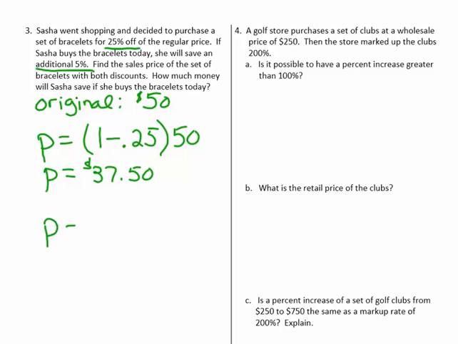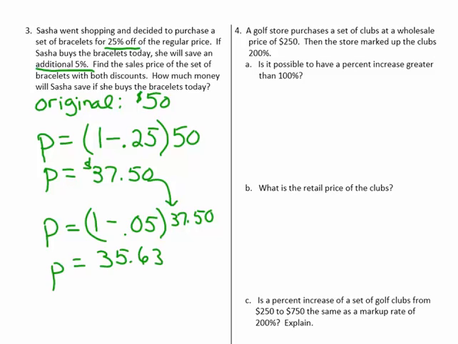So my part, 1 minus 5%, 0.05. But again, this time I take it off of the $37.50. So that is giving me, now this is money, so we always round to the nearest penny, $35.63.